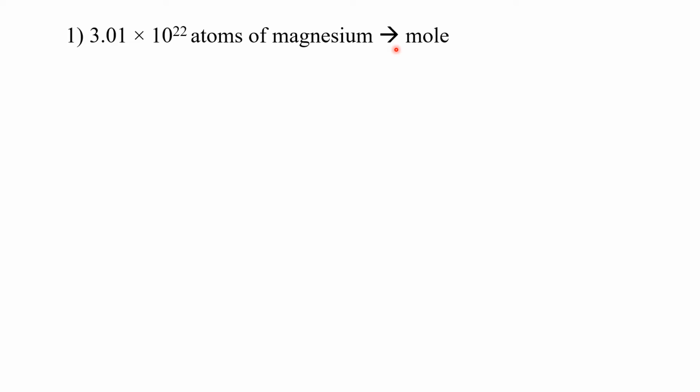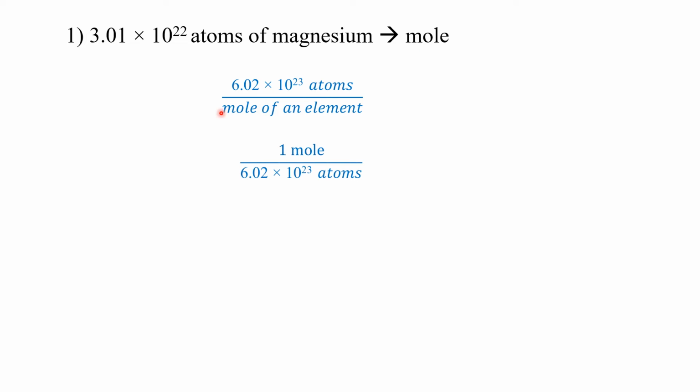Again, you have to think of a factor that should get rid of atoms and will convert it to mole. We have two possible factors: 6.02 times 10 to the 23 atoms per mole, or 1 mole per 6.02 times 10 to the 23 atoms. They are the same, I just inverted it.